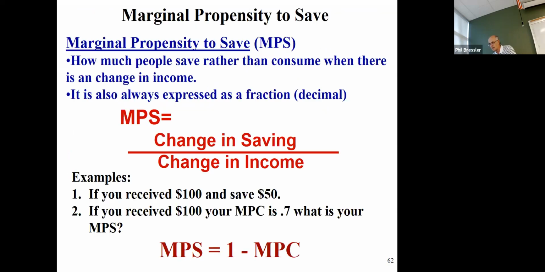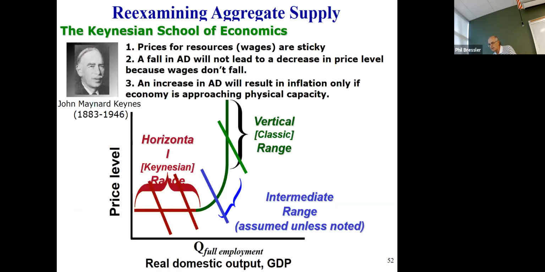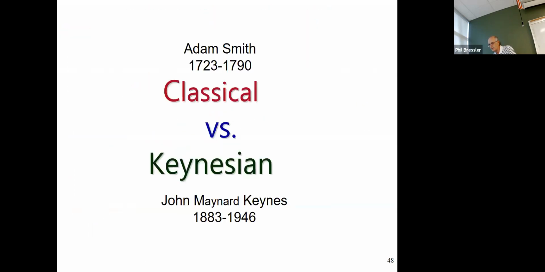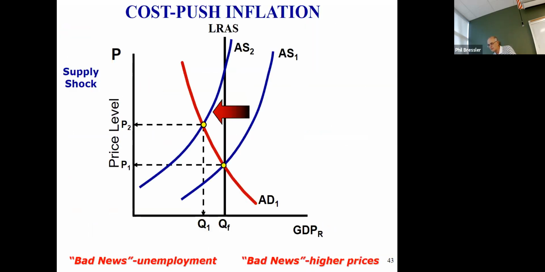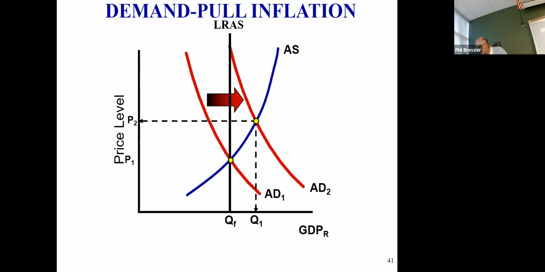I want to just backtrack a second to go over something. Chris, in this diagram up on the screen, are we in the short or long run? The short run. At Q1, are we making more or less product than QF? More.